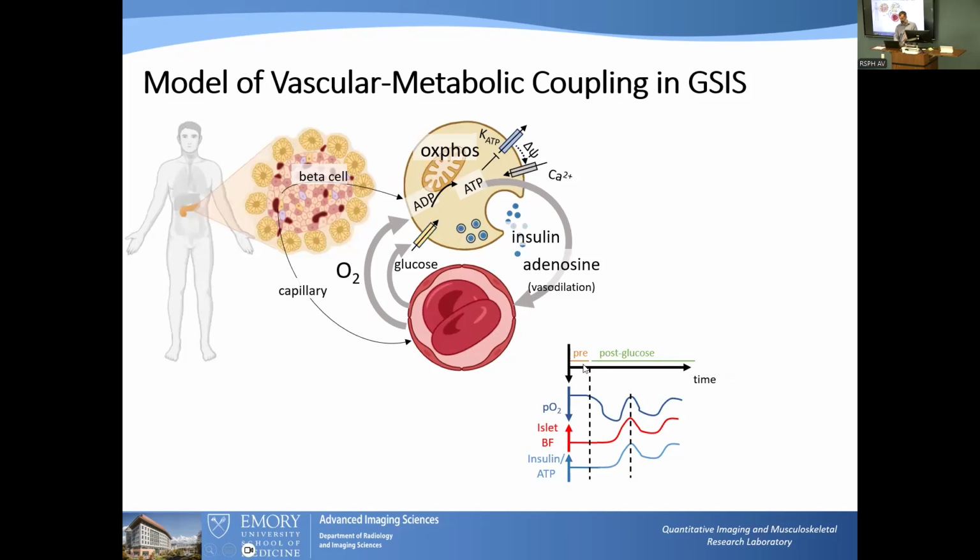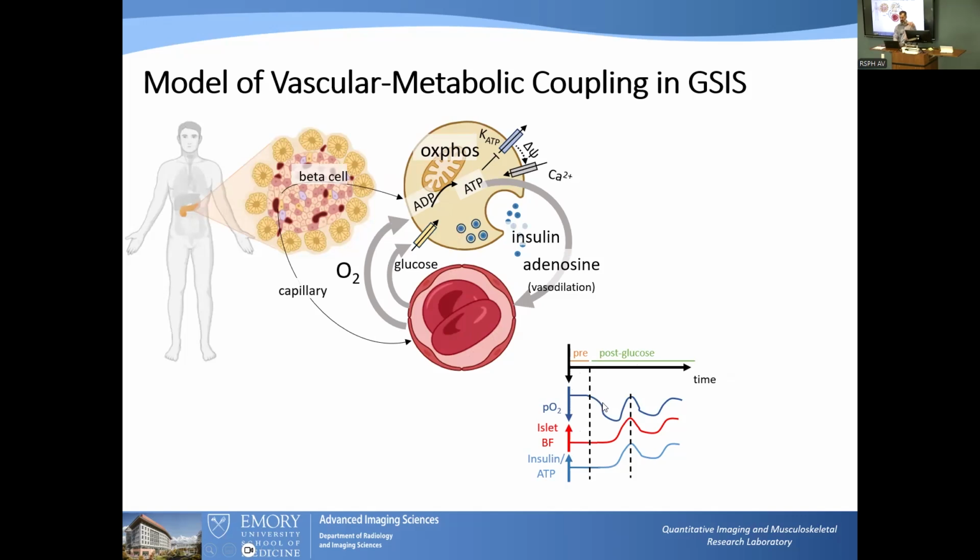So if we have, before any sort of ingestion or exposure to glucose, our partial pressure of oxygen in that local vicinity is relatively stable, as is the islet blood flow, and there's no insulin secretion or ATP production, or it's very minimal at best. Once we ingest or expose the cell to glucose, that's delivered.